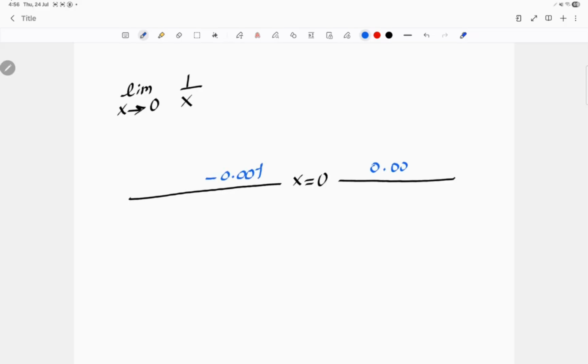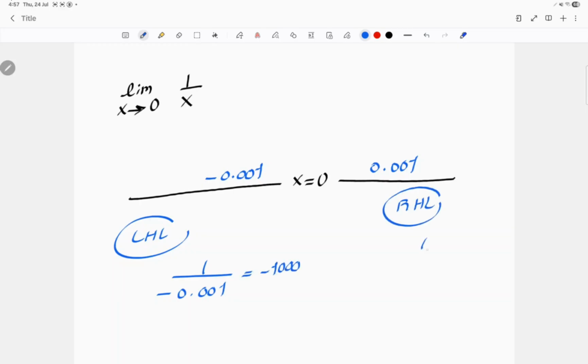So left-hand limit: 1 over negative 0.001, negative 1,000. Right-hand limit: 1 over 0.001, which is 1,000. So negative infinity versus infinity.